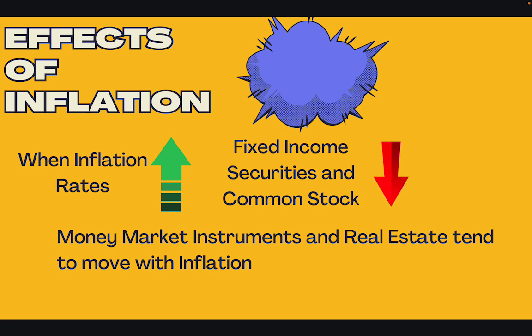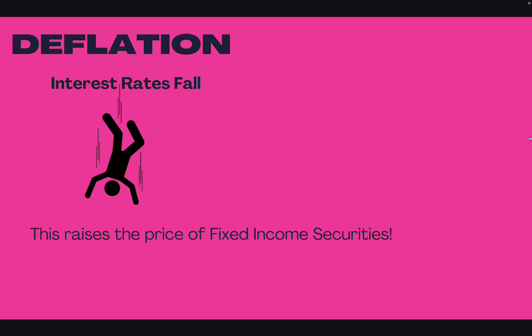You're going to want to look into more tangible assets and money market instruments, and real estate tend to move with inflation and be more liquid. Deflation, the opposite of inflation, is when the interest rates fall, and this obviously is going to raise the price of fixed income securities. So during periods of deflation, getting a fixed income security would be a great idea.